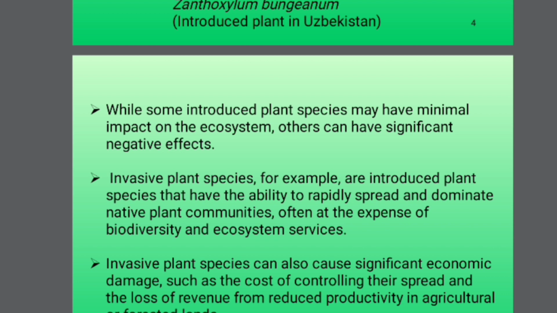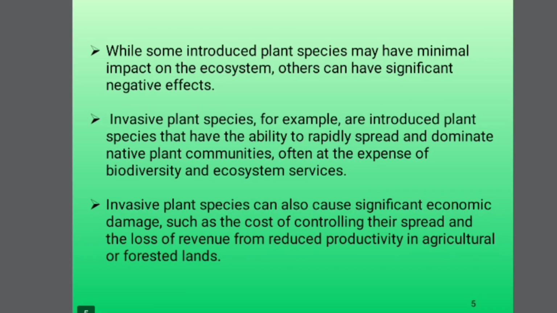Invasive plant species also cause significant economic damage or losses, such as the cost of controlling their spread and the loss of revenue from reduced productivity in agricultural or forested land. In some cases we found that invasive species have a damaging or harmful effect on the natural or native ecosystem.